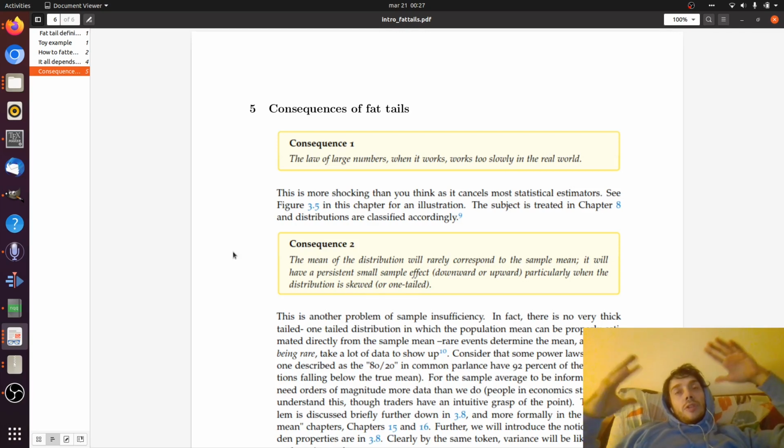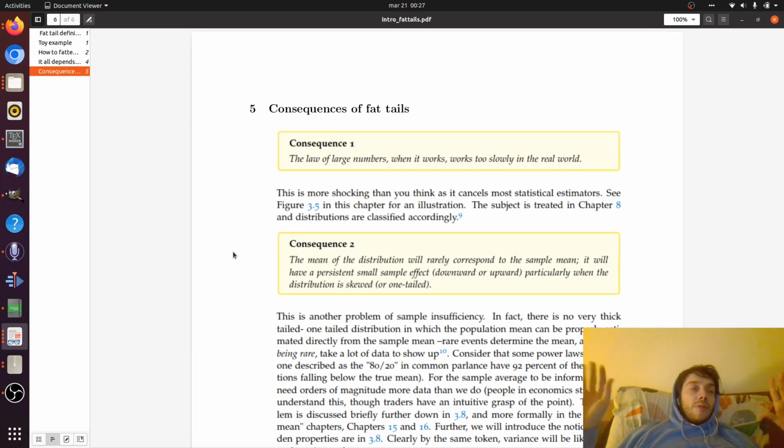First of all, your sample mean is not going to be close to the true mean. For it to be close, you're going to need trillions and trillions of observations in some cases. In many cases, your sample mean converges so slowly to the true mean that if you only have 10,000 observations, or a human level of observations, your sample mean is not going to mean much.